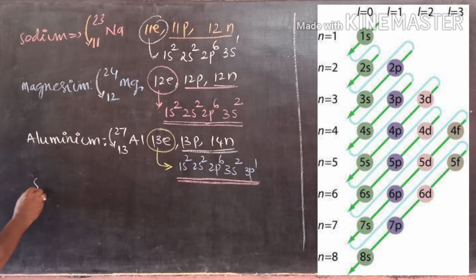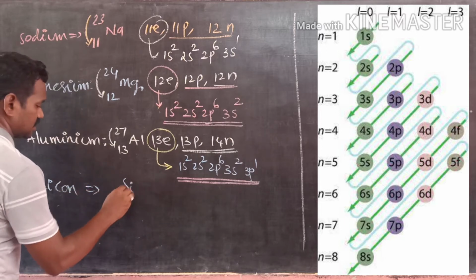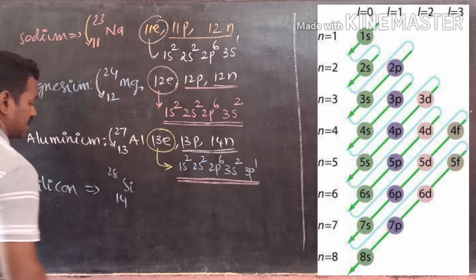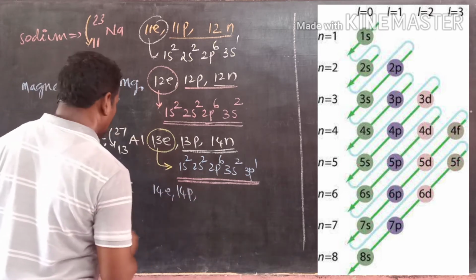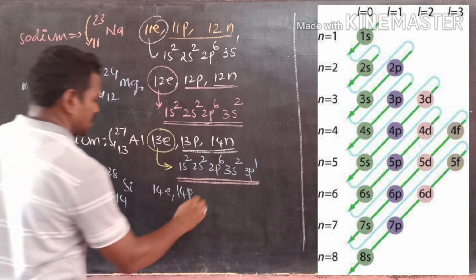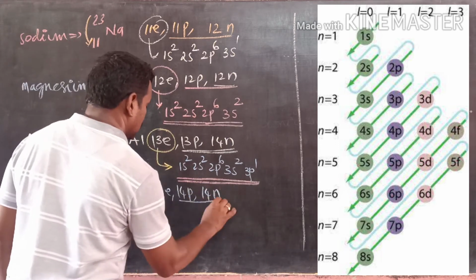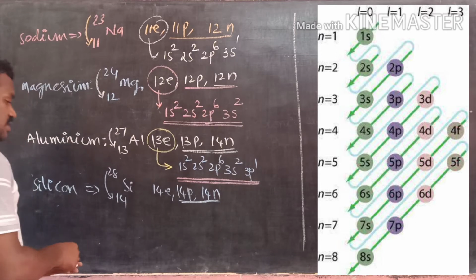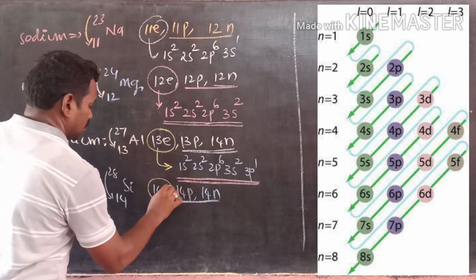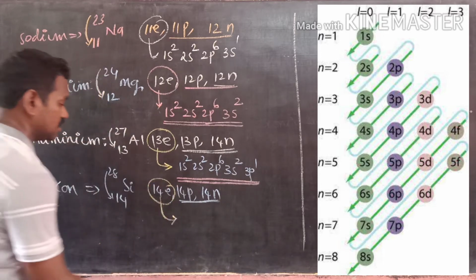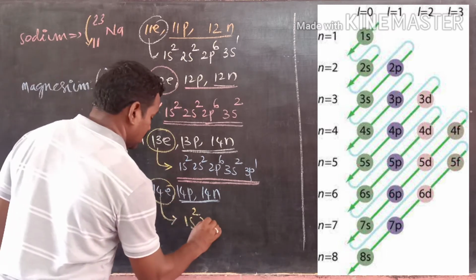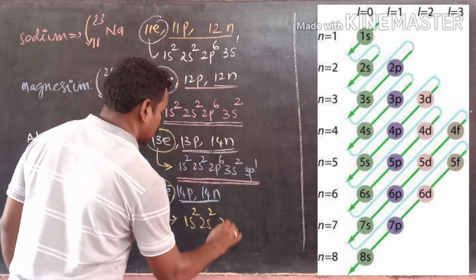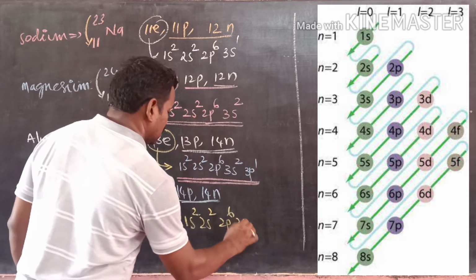Next element is silicon. Its general representation is Si, mass number 28, atomic number 14. That means it contains 14 electrons, 14 protons, and 28 minus 14, that is 14 neutrons. These 14 protons and 14 neutrons are inside the nucleus. Now what about these 14 electrons? First electrons are accommodated in 1s, after 1s, 2s, after 2s, 2p, after 2p, 3s2.